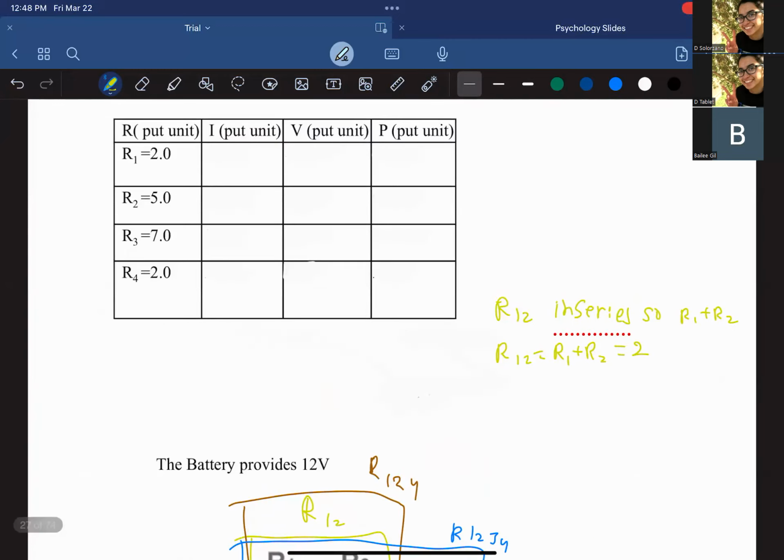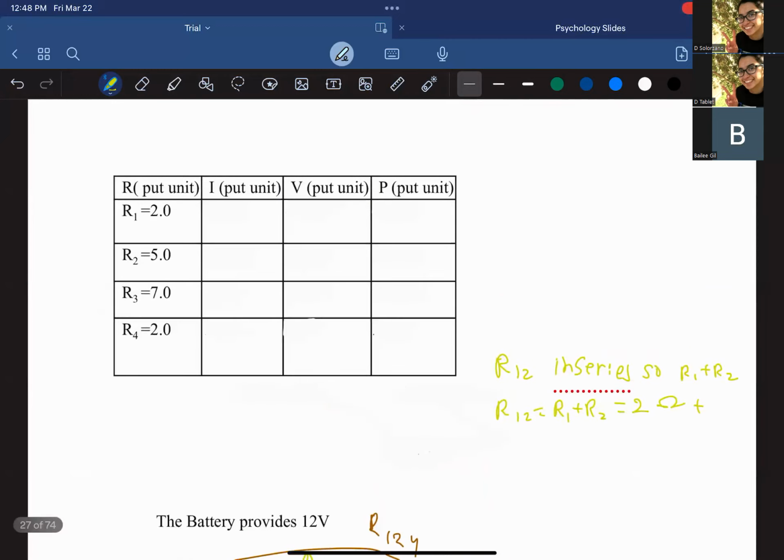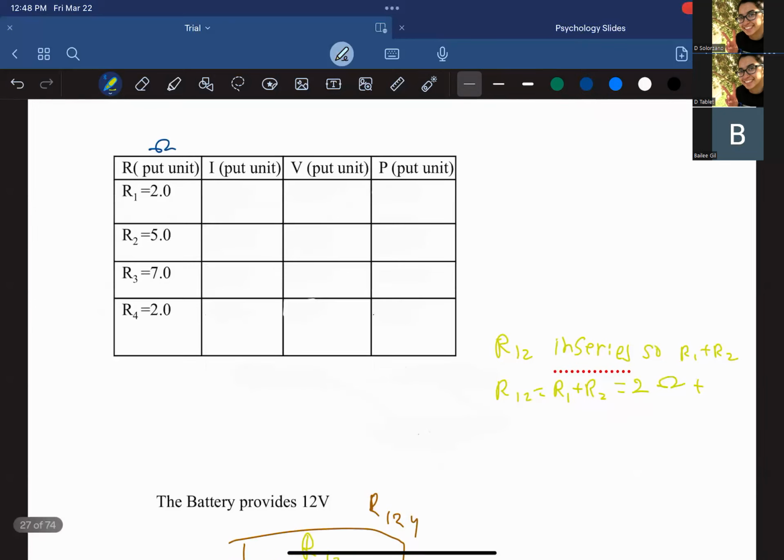Units for resistors, I believe, should be ohm, so I'm gonna go ahead and put ohm.